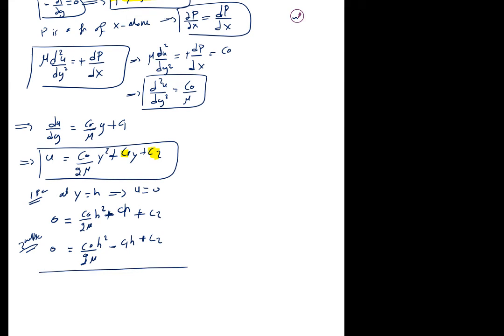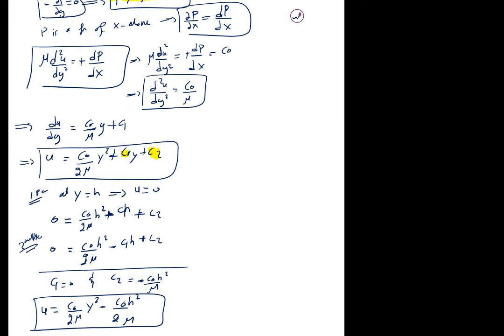Now by substitution, you will find that C1 equals 0 and C2 equals minus C0 h squared over 2 mu. You replace in u, you will get C0 over 2 mu y squared minus C0 h squared over 2 mu.